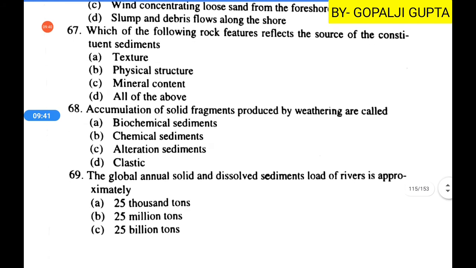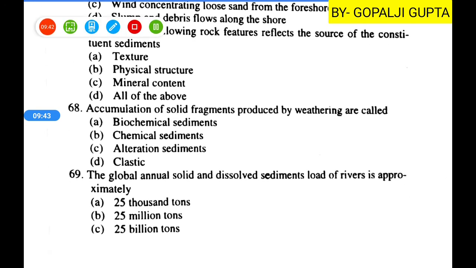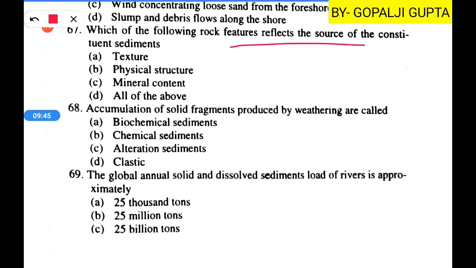Then question number 67 is, which of the following rock features reflect the source of constituent sediments? So this is simply the analysis of sediments. What type of analysis can be done to get the source rock? What is the source of that sediment? So we can analyze by using the texture, the physical structure of the sediments, and the mineral content of that sediment.